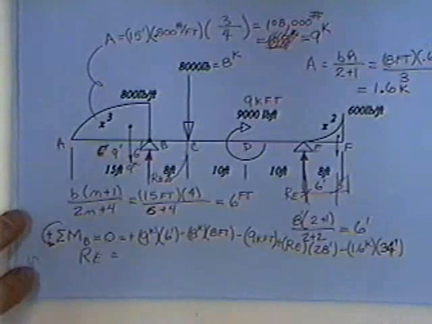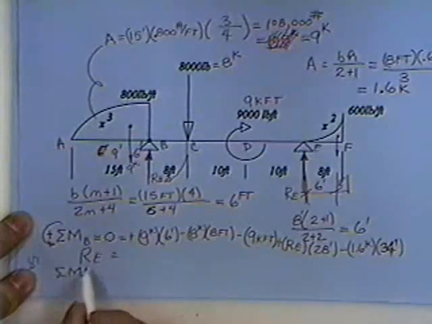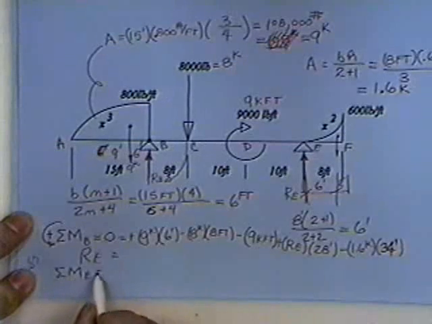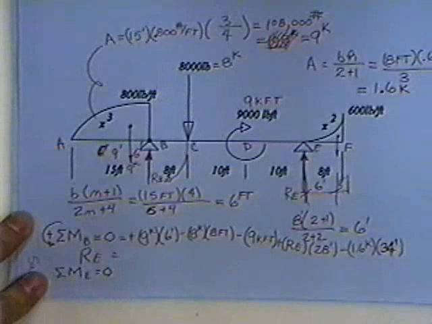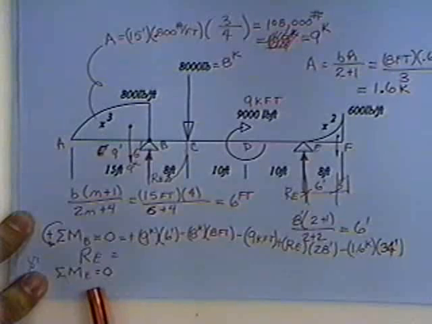All right, while you're doing that, I'm going to sum moments about point E. The reason I'm going to do that, rather than sum forces vertical, is if the reaction at E comes out wrong and you sum forces vertical at this time, then you won't know you've made a mistake.